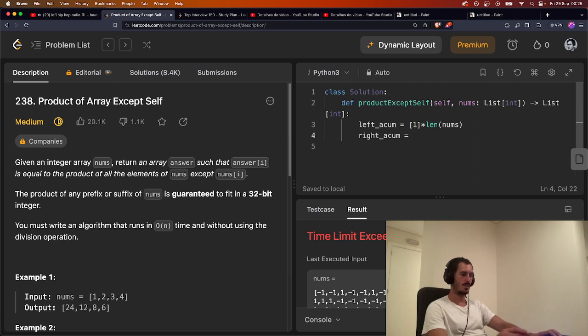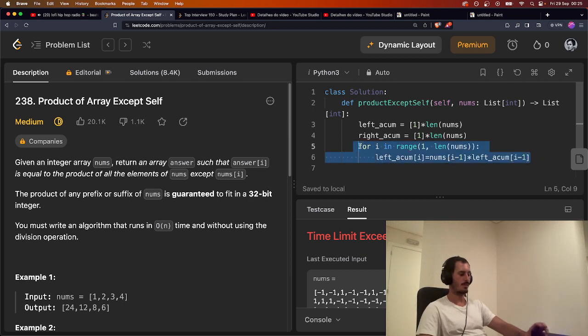Accumulator is the same thing, 1 times the length of nums, and then we do for i in range 1 until length of nums, left accum of i equals nums of i minus 1 times left accum of i minus 1. That's the first thing.